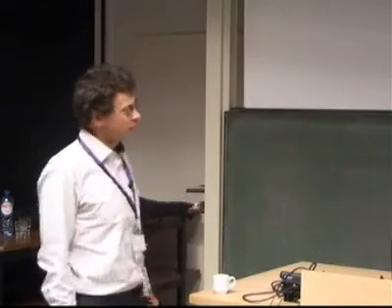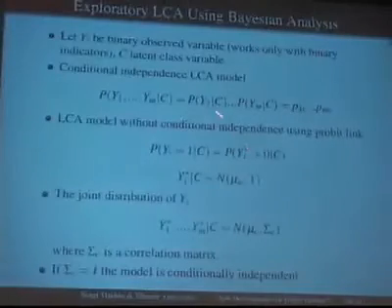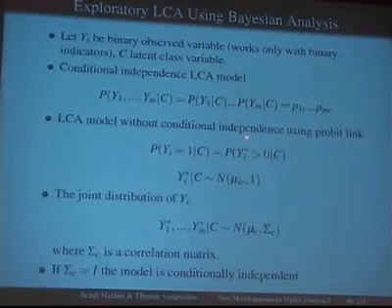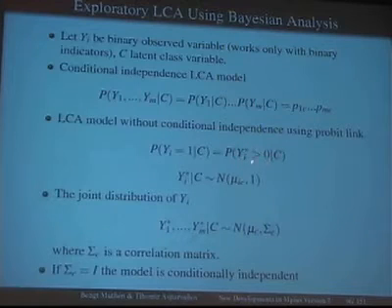Another way to express the latent class analysis model is through underlying normal variables. For each binary variable, there exists a normally distributed random variable, which is cut at 0. If the underlying variable is greater than 0, then Y is 1, and if it's less than 0, the observed value Y is 0. That's basically the basic probit equation.